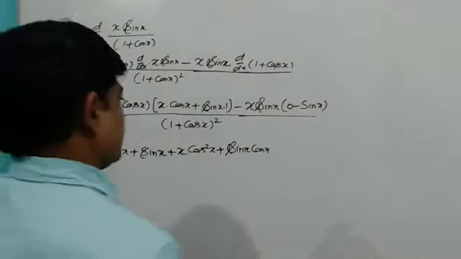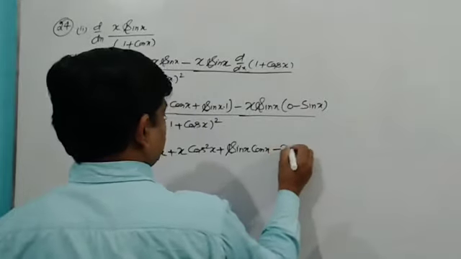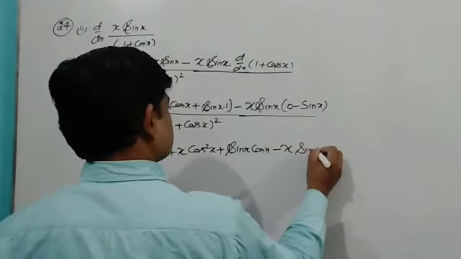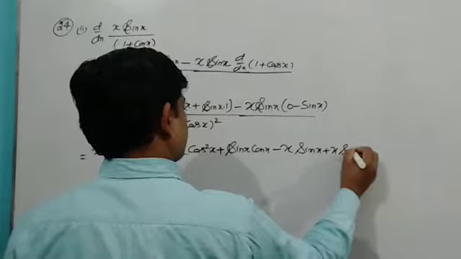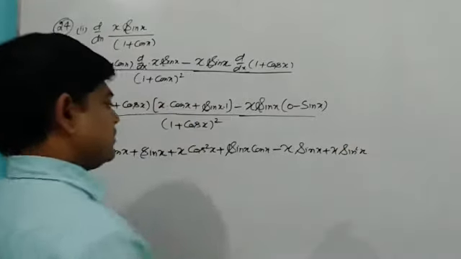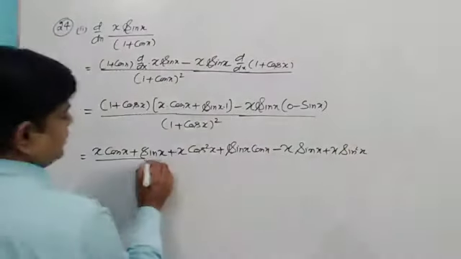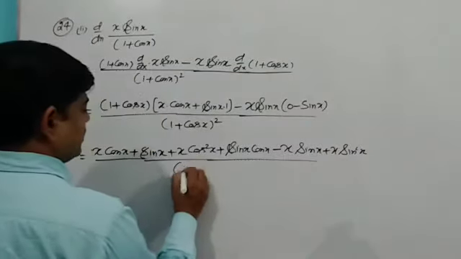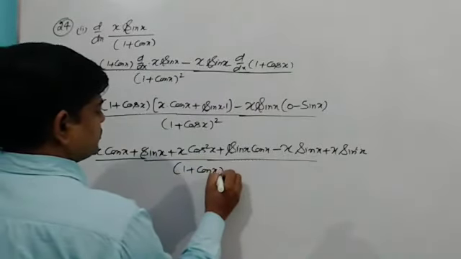And now here I can write minus x sin x plus x sin square x, and that can be written as 1 plus cos x the whole square.